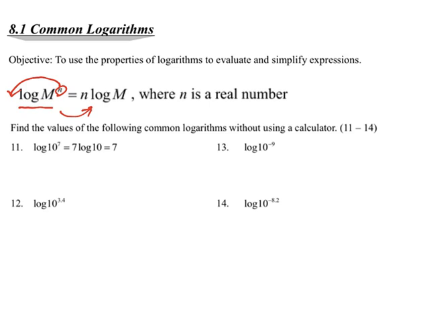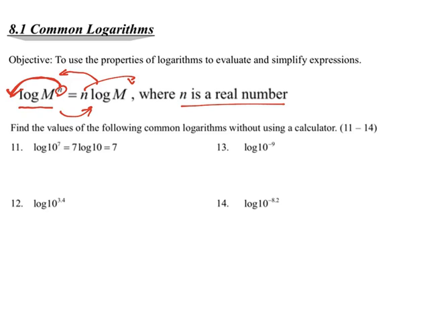So it is n log m. n is a real number, so that means we put the index into the coefficient. At the same time, we can do it in the backward case. That means we can put the coefficient into the index. So it can go forward and backward.